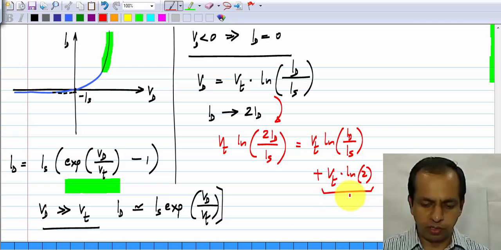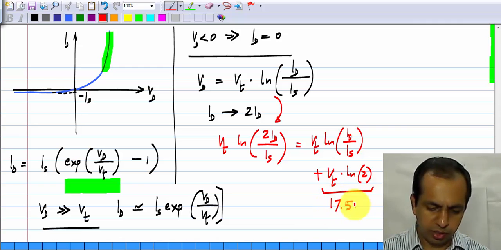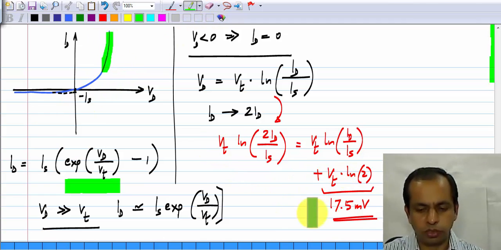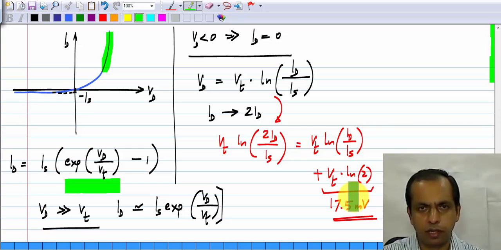And if you calculate this, it will come out to be approximately 17.5 millivolts. So, even doubling the current changes the diode voltage only by something less than 20 millivolts.